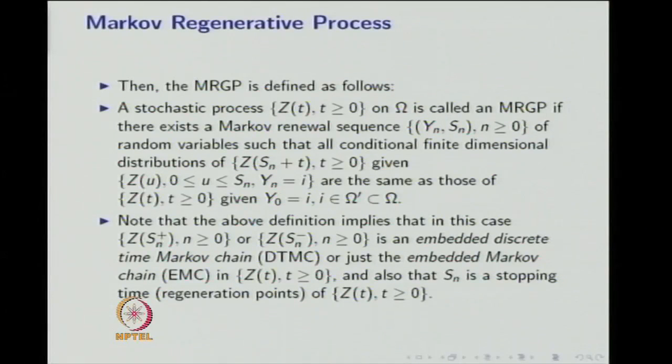Then the MRGP is defined as follows. A stochastic process Z(t) with state space omega is called a Markov regenerative process if there exists a Markov renewal sequence Yn, Sn such that all conditional finite dimensional distributions of Z(Sn+t) given Z(u), where u lies between 0 and Sn, and Yn equal to i, are the same as those of Z(t) given Y0 equal to i.